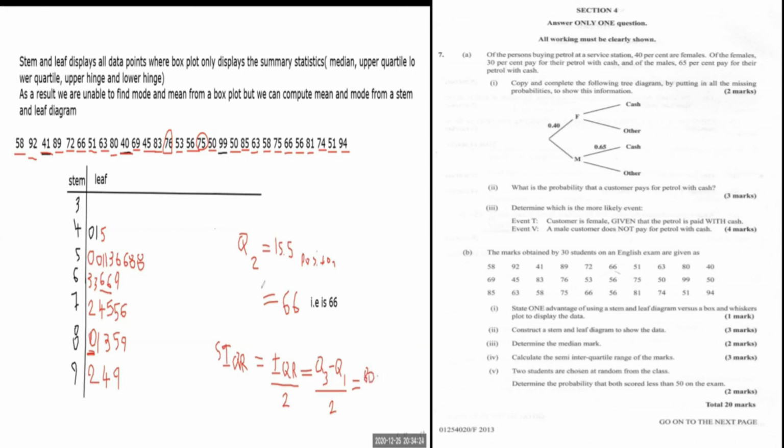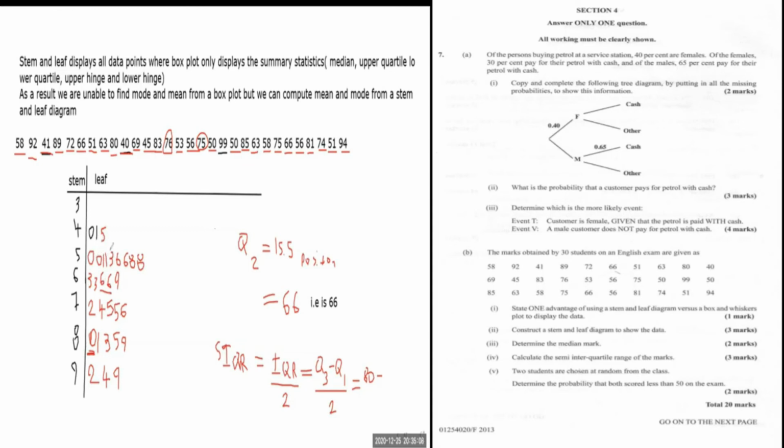Minus Q1. Q1 is the 8th term from the start, so we're going from here. 1, 2, 3, 4, 5, 6, 7, 8.